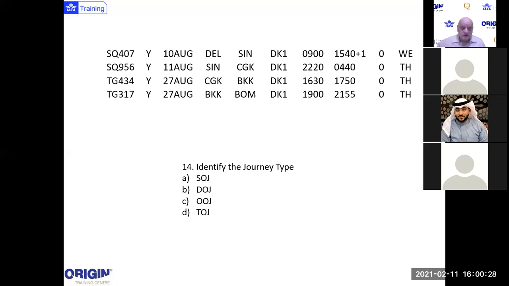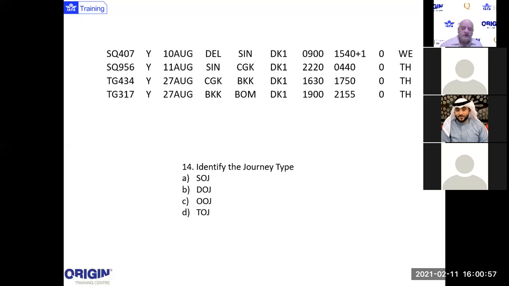We've got 4 definitions. SOJ. What do you think SOJ stands for? Single open jaw. So this is a single open jaw. But I'm looking for the best description. It's definitely not a double, and it's not a turnaround open jaw.